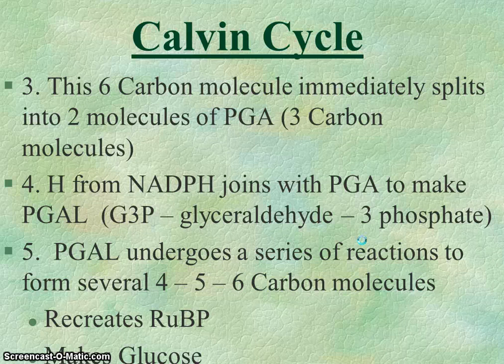Now, the hydrogen from the NADPH is going to join up with PGA to make an aldehyde, so we're going to call it PGAL. And that's going to go through a series of reactions, and it's going to form a 4-carbon, a 5-carbon, and finally the 6-carbon molecule. It will recreate that first 5-carbon molecule, which is the RuBP, and it will make glucose.